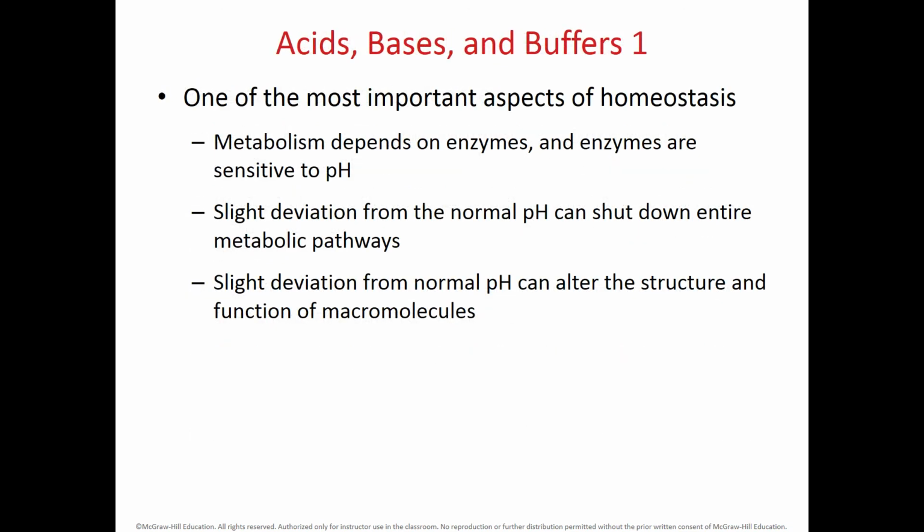Now for acid-base balance. This is one of the most important aspects of homeostasis, because many components of the cells, like the enzymes, are sensitive to changes in the pH. Enzymes, if you recall, are proteins, and proteins have a three-dimensional shape.